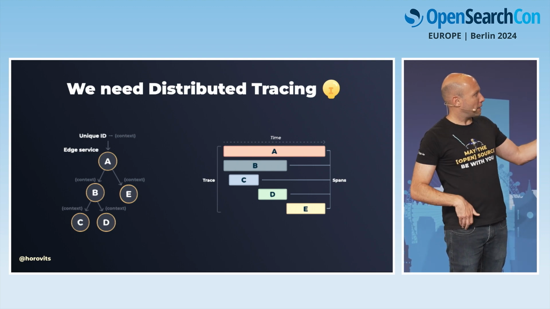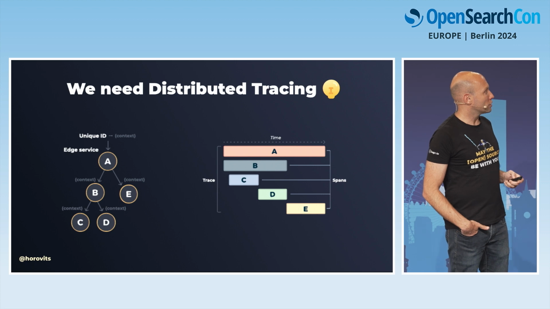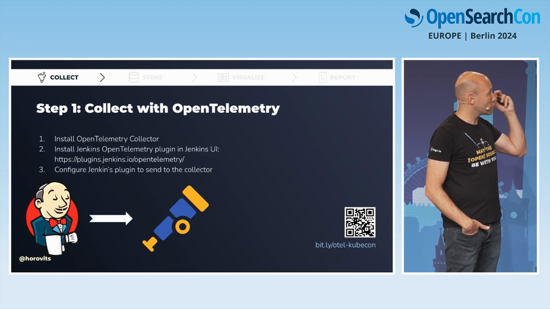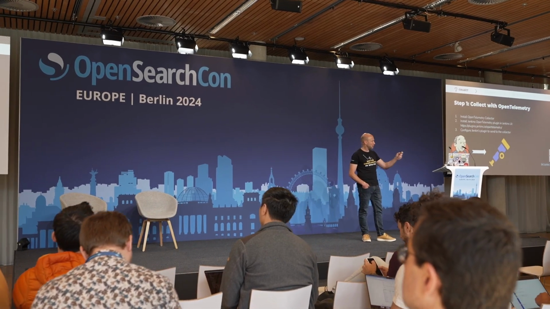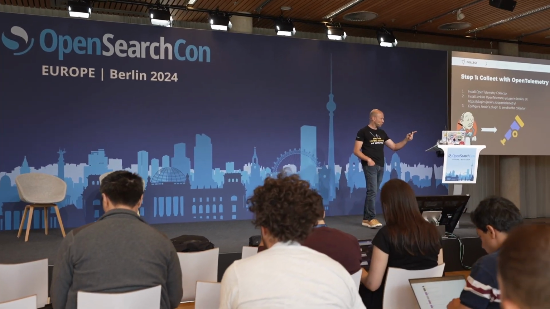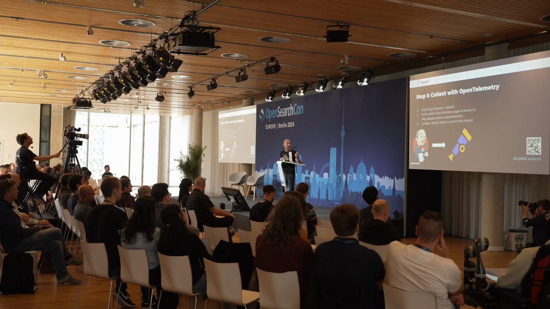I'll skip the basics on distributed tracing for lack of time, but just to show you, it's the same principle. Collect, in this case, I did it with OpenTelemetry collectors.